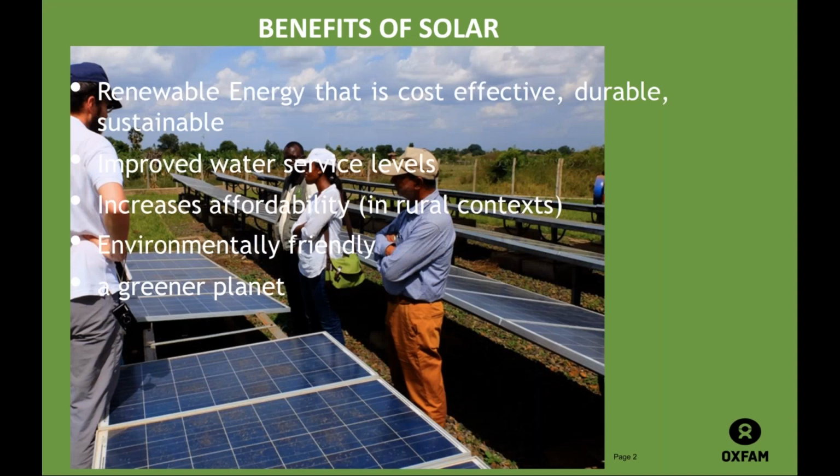Why solar? What are the benefits of solar and why is it relevant for water supply? Solar is cost effective, durable, and sustainable. As many of us know, humanitarian funding is front-loaded, and so we have to try as much as possible to put measures in place to reduce recurrent costs, and solar provides such a solution. Solar also improves water service levels.